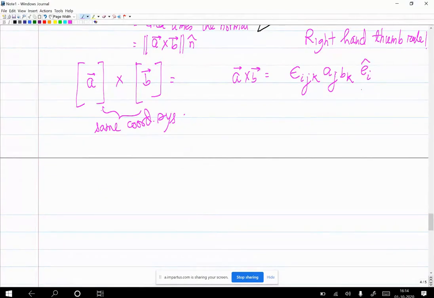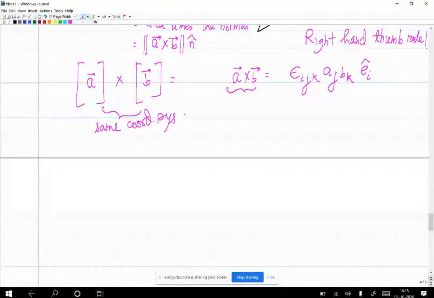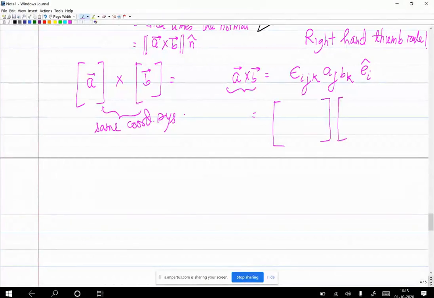So this is the formula for A cross B. What I want to say is that you can also realize this A cross B as a matrix times the column of B.